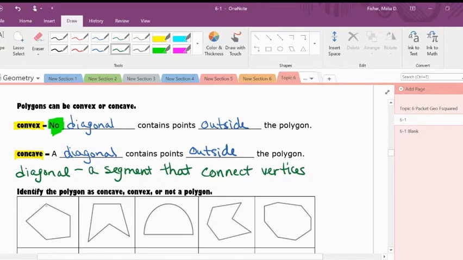So a diagonal would be from this corner to this corner, or this corner to this corner, this corner to this corner, this one over to here.